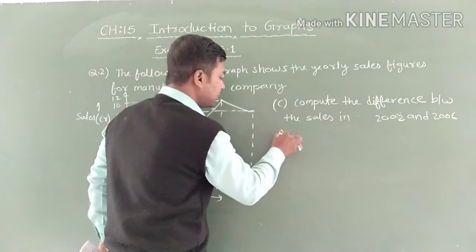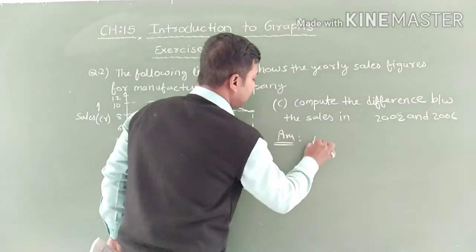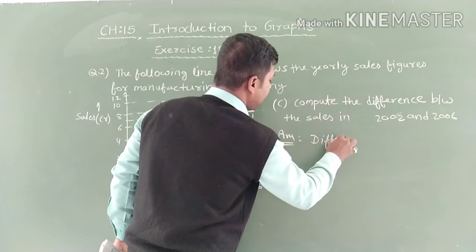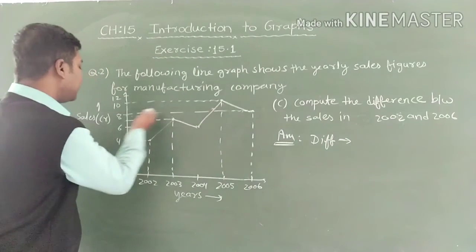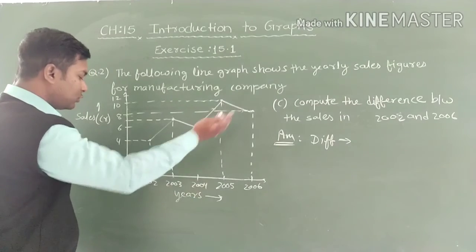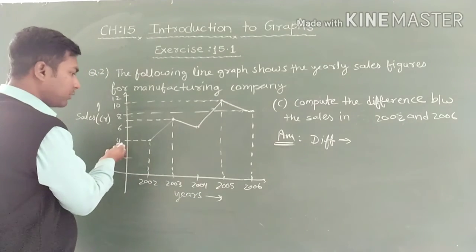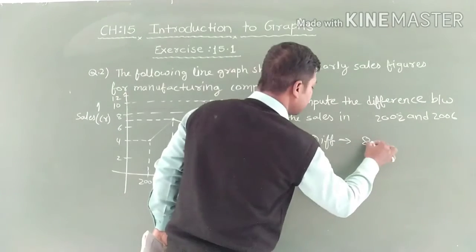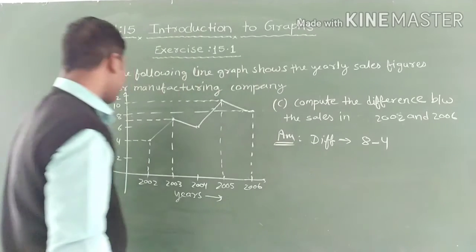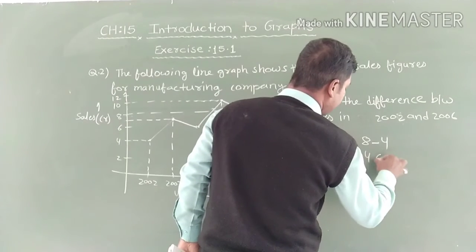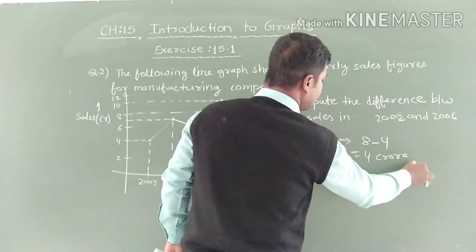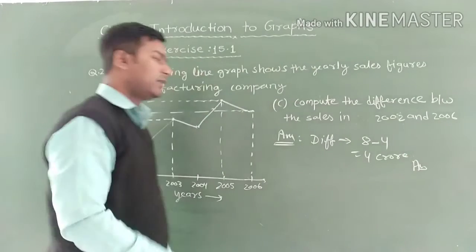So at 2006 it is 8 crore and at 2002 it is 4 crore. So 8 minus 4 is 4 crore. This will be the answer. The difference is 4 crore.